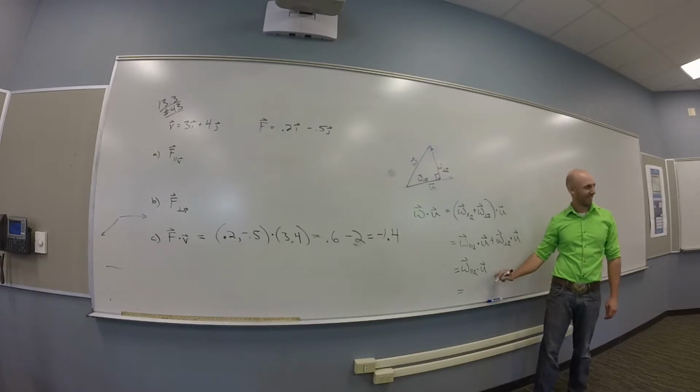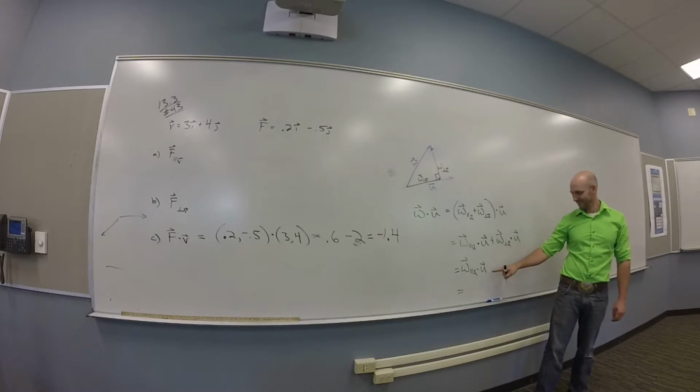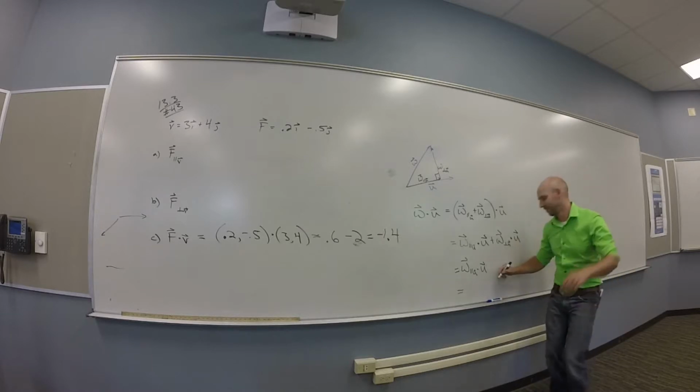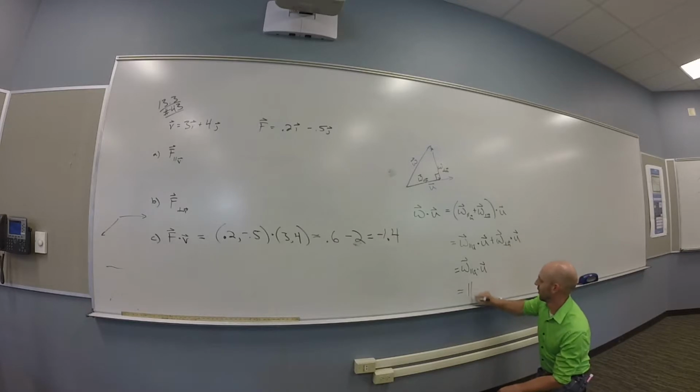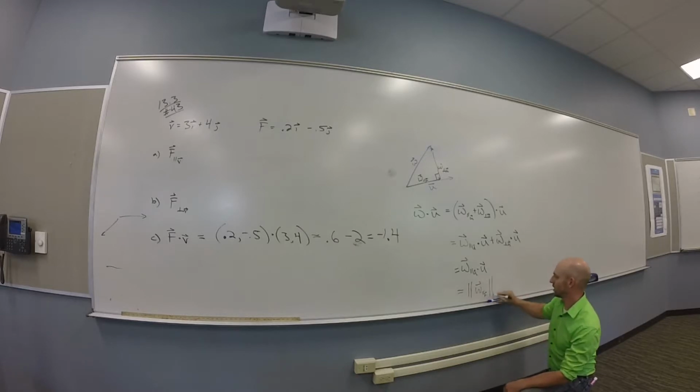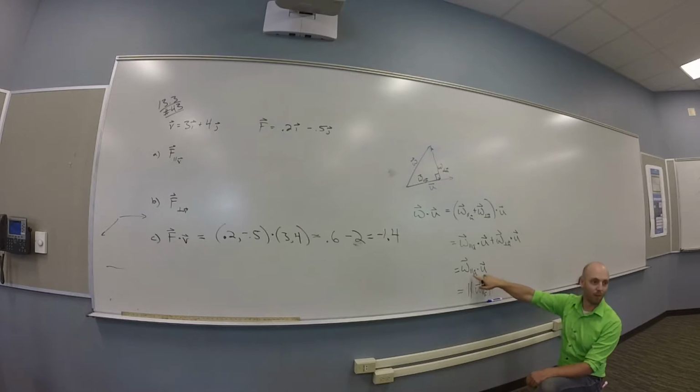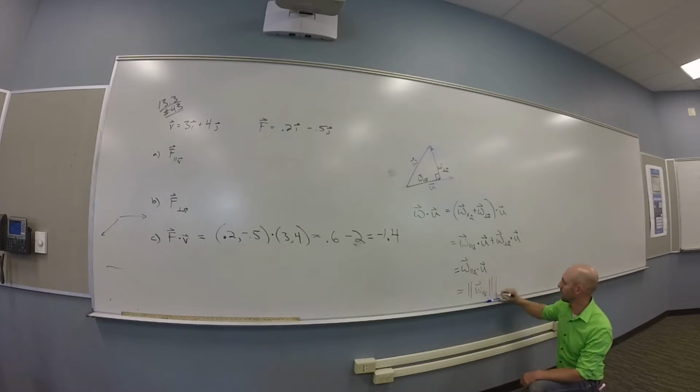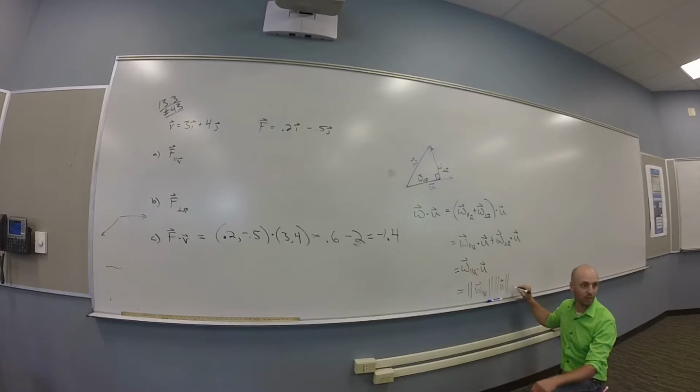So magnitude of w, magnitude of u cosine theta is the same as magnitude of w parallel to u, magnitude of u cosine theta. Okay, so this is a dot product between two vectors, so this is the magnitude of the first vector times the magnitude of the second vector times the cosine of the angle between them, right?